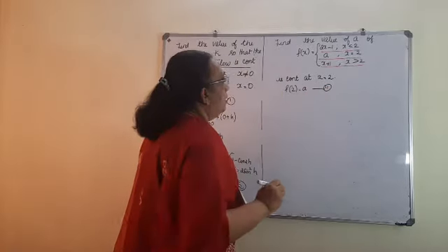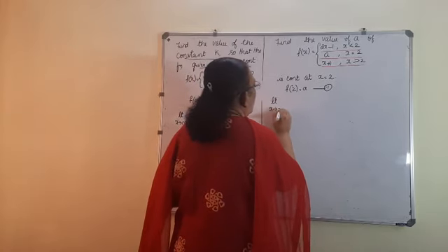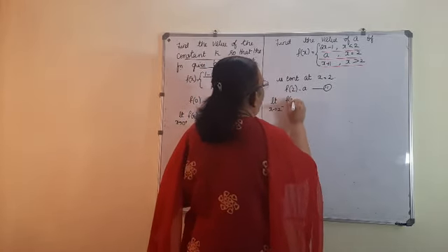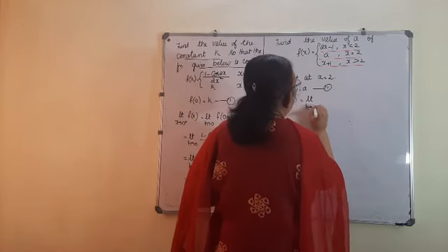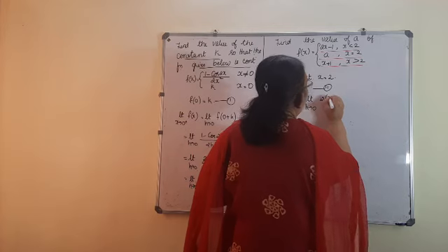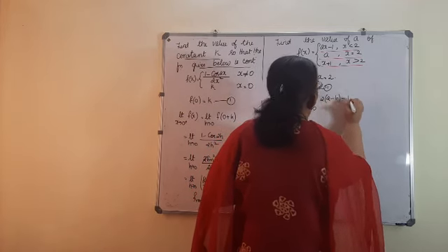First one. Limit x tending to 2 minus f of x is equal to limit of h tending to 0, 2 into (2 minus h) minus 1.